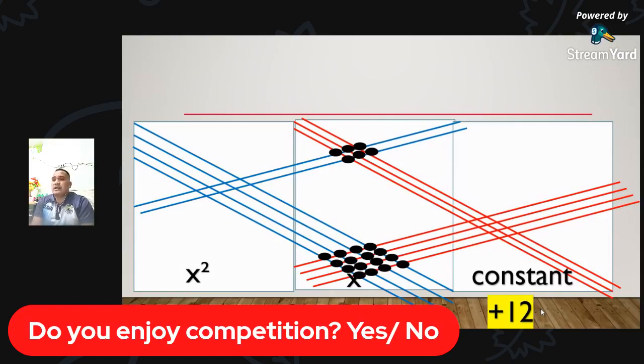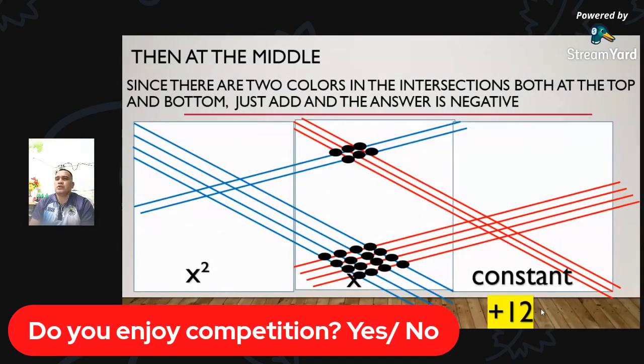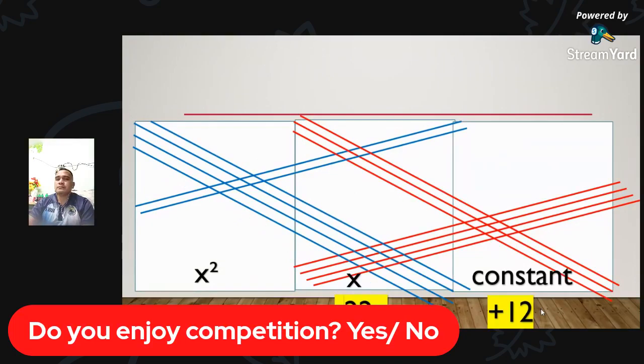As you can see, at the top and the bottom, there are intersections of two different colors, so that is negative. At the middle, there are two colors in the intersection as well. Adding them, the answer is negative, so we have negative 22x.